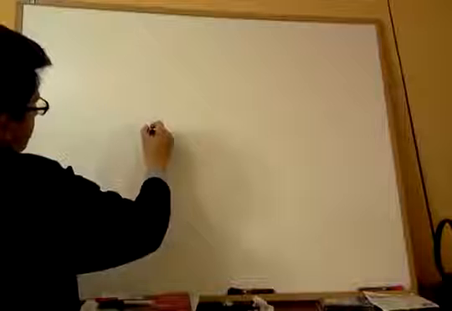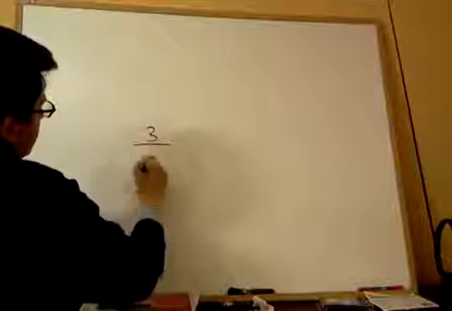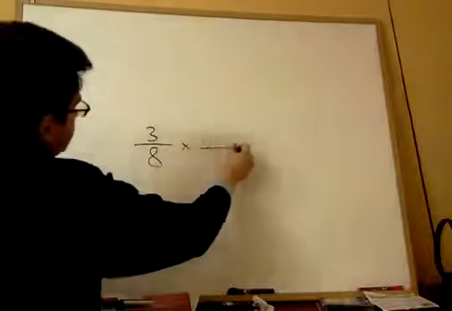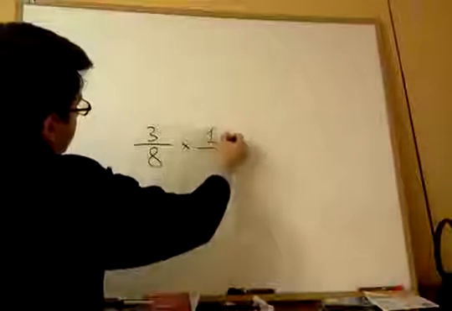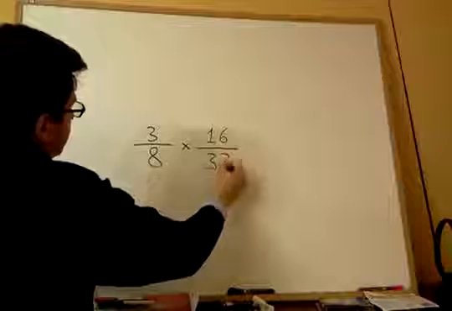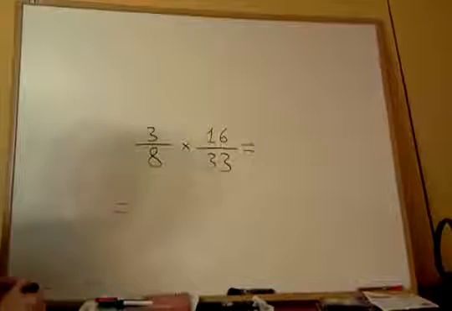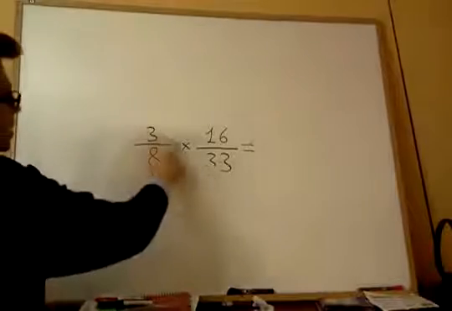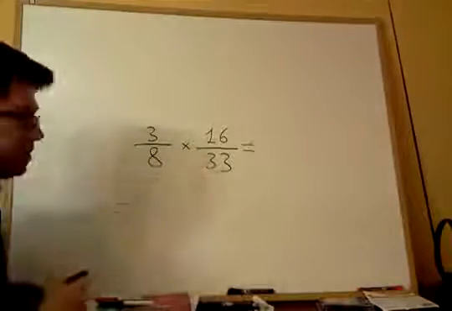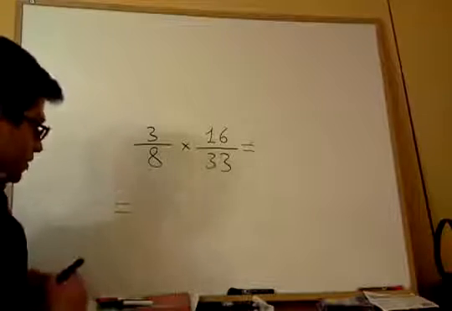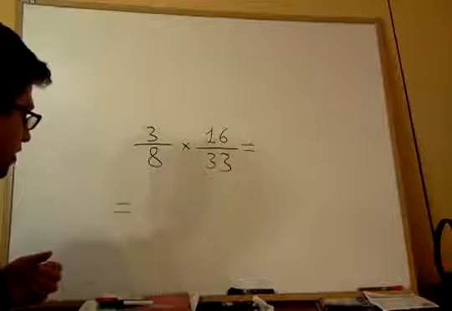Okay. How much is 3 out of 8 times 16 out of 33? Of course, I can do 3 times 16, 8 times 33, but that's too much work. Why should I make my life so miserable when I can make it much easier?